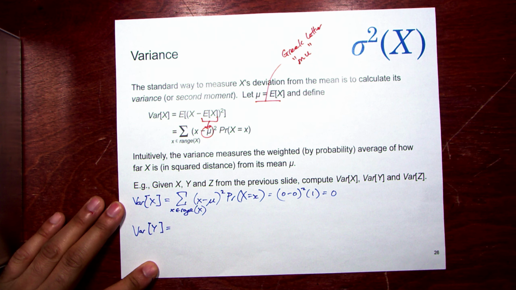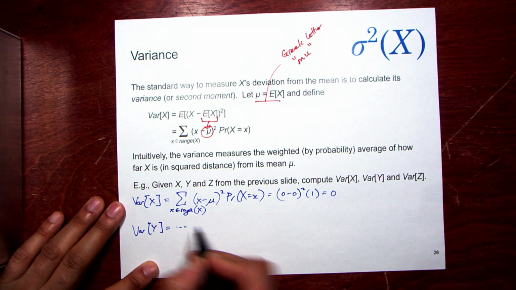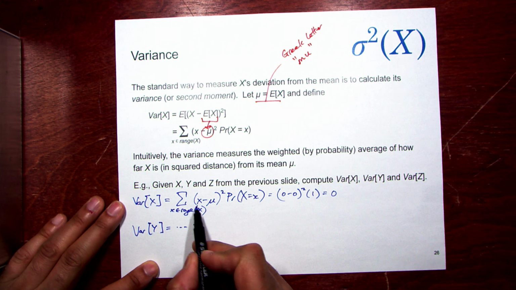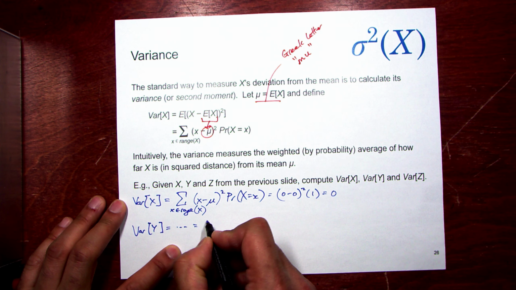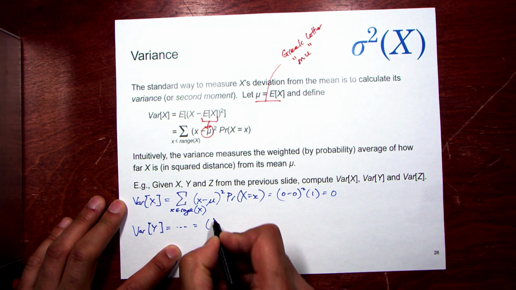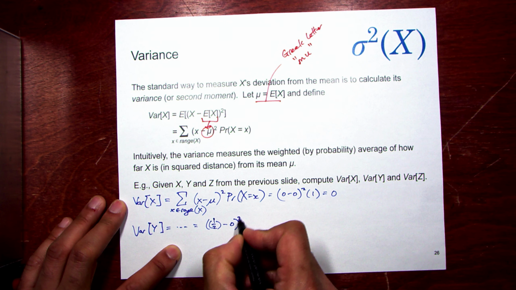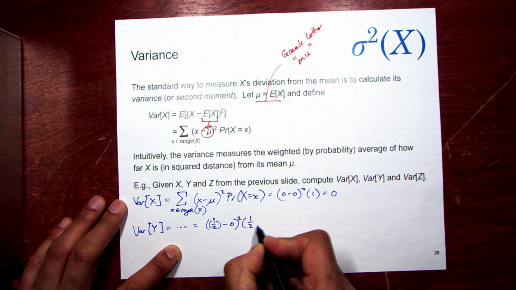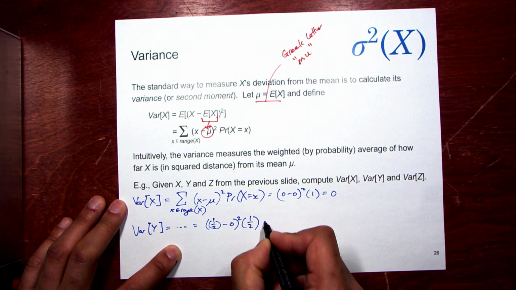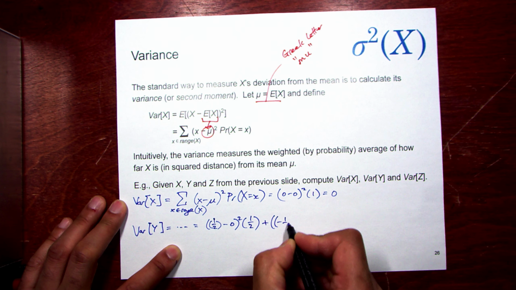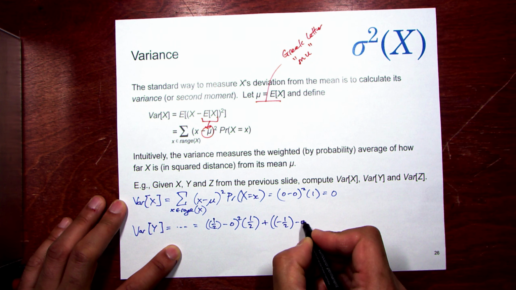That's equal to the same thing. I don't want to write that again. So we'll do the same computation here. We're trying two different things. One of them is a half minus 0 all squared times a half, and the other is minus a half minus 0 all squared times a half.